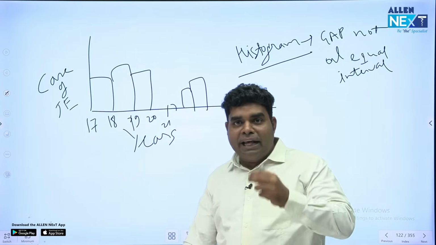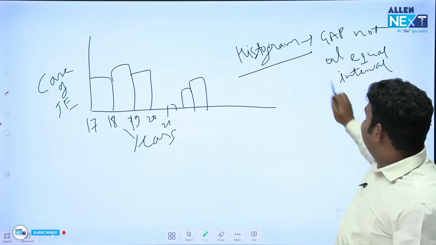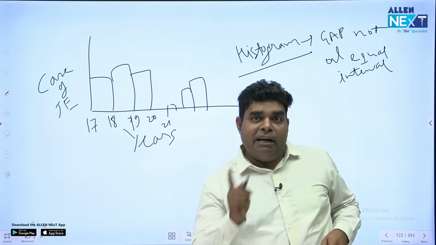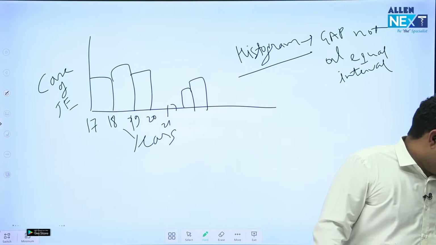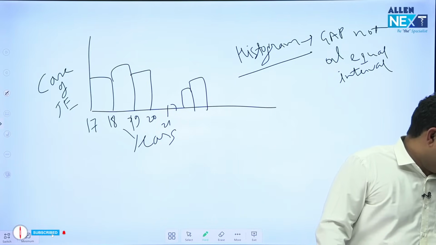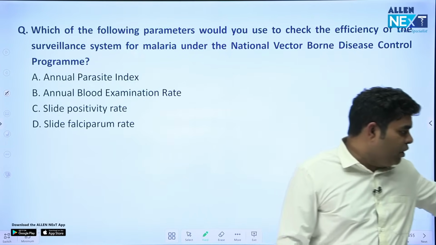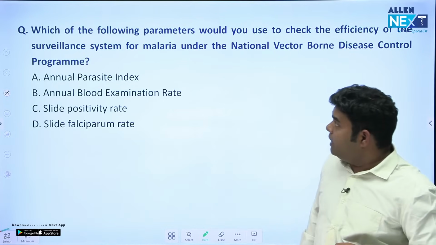The gap also tells something. Every gap says something. And the gap in a histogram is not at equal interval, but in a bar diagram it is always at equal interval. Okay dear? Very good. Clear. Chalo, next. Very good. Most of you were right. Future doctor Praveen Kumar, Medicine 360. Thank you for replying. Next question.